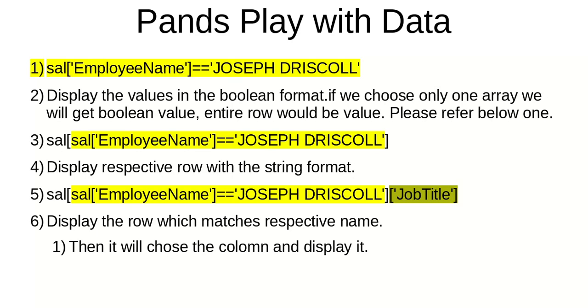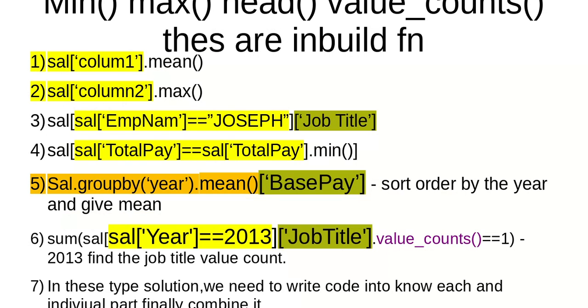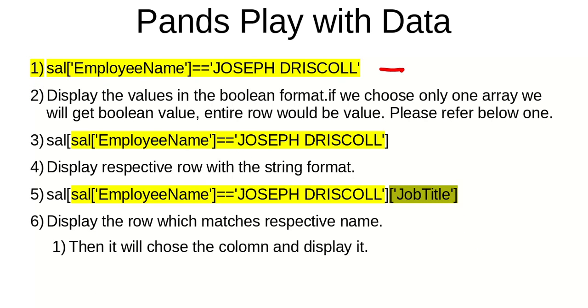If the data is present, it will be 1; if the value is not present, 0, which means you get a boolean value. If you represent it here, you will get the string, and since it is represented this way, you will get the column name.